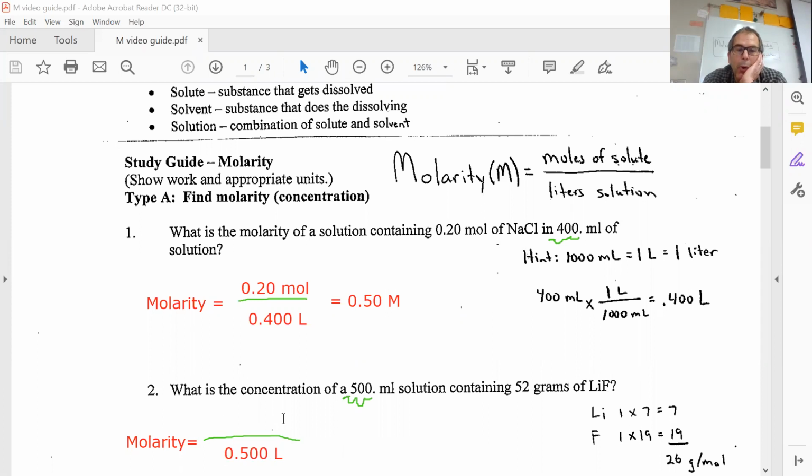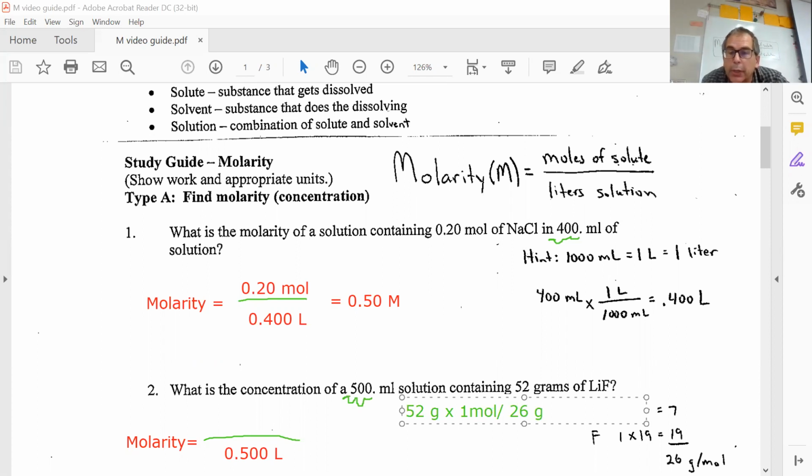But I have to figure out moles. Well, if I know grams and I know the molar mass, I can just take grams divided by the molar mass. So I'm going to do that up here. 52 grams times 1 mole over 26 grams.